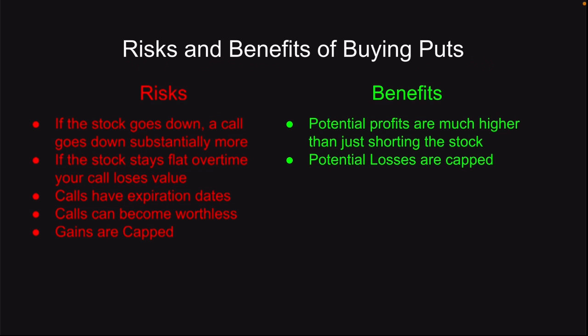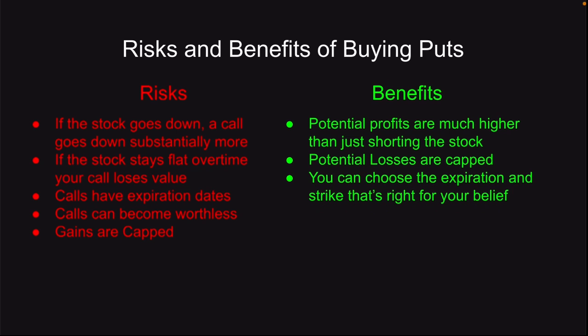Potential losses are capped because technically when you short shares, that stock can go to whatever amount it is. Therefore, if GE goes to $25, you would actually lose less money investing with your puts. You can also choose, just like with calls, the expiration and strikes that fit your belief the best.